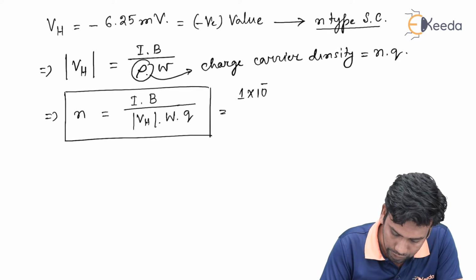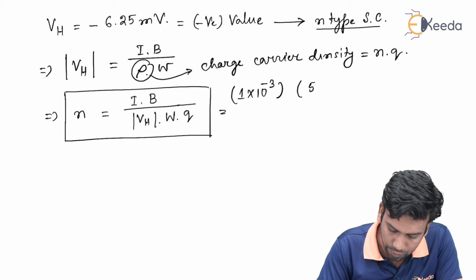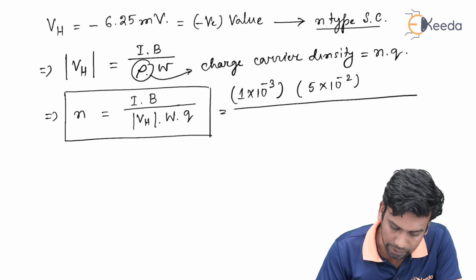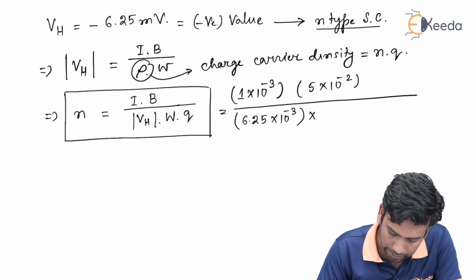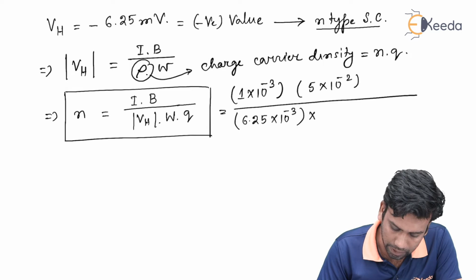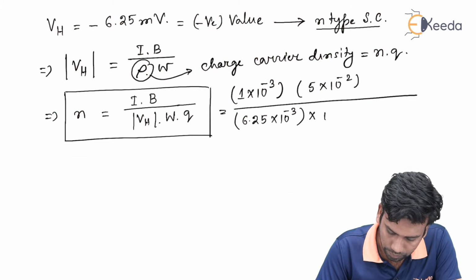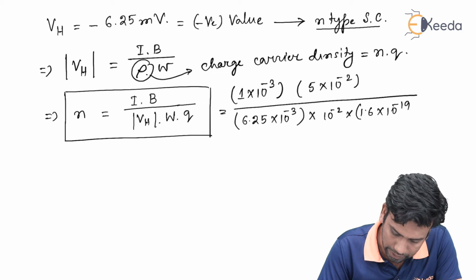So we can write 1 into 10 to the power minus 3 ampere, and B is 5 into 10 to the power minus 2, and Vh is minus 6.25 millivolt and it is mod, so we can say 6.25 into 10 to the power minus 3, and W value is 10 to the power minus 2, and Q value will be 1.6, as we know, into 10 to the power minus 19.